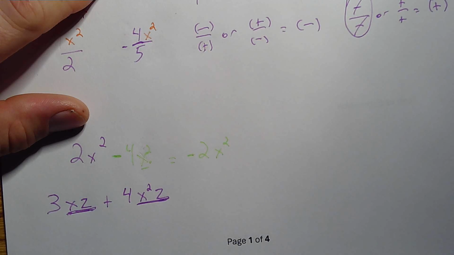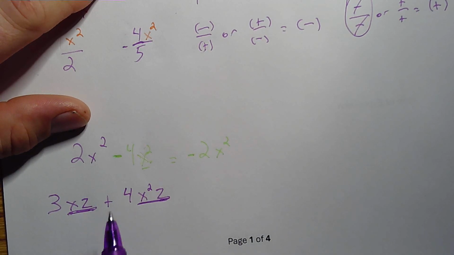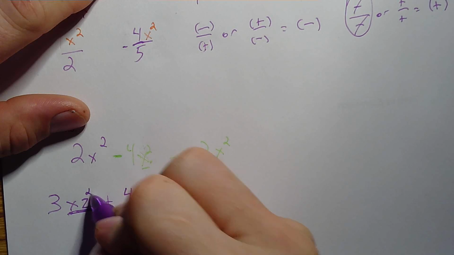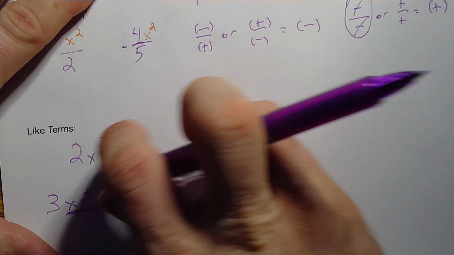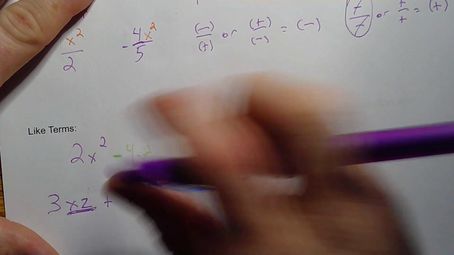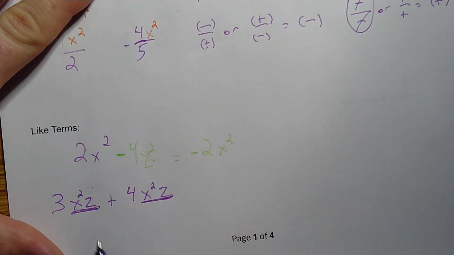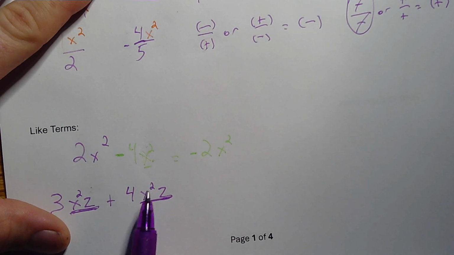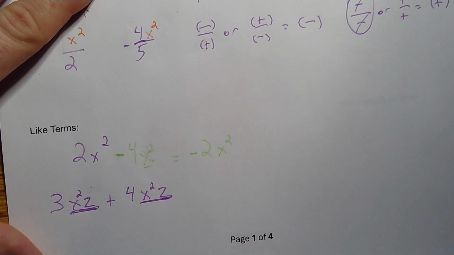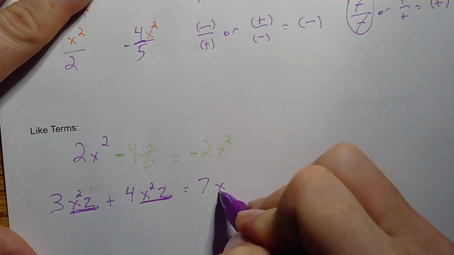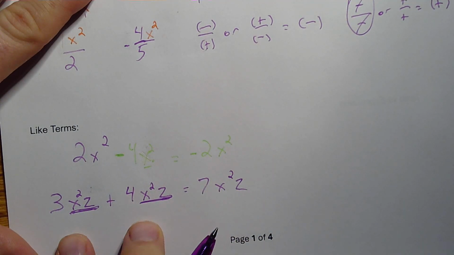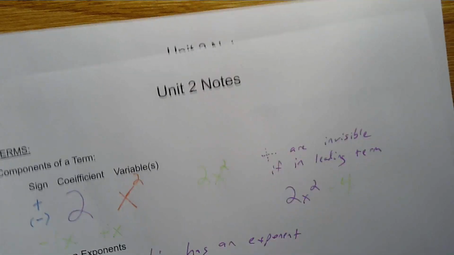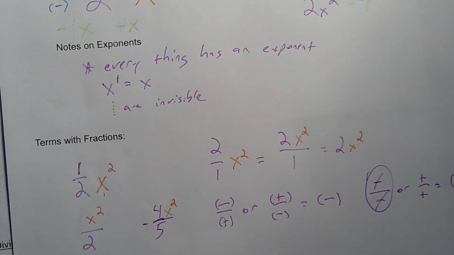So they're not alike. If I put a squared here, still not alike. It has to be exactly alike in both the variables and the exponents of those variables in order for them to be alike. So now I can combine these terms. It would make it a 7x squared z. Okay, that is how you combine like terms.